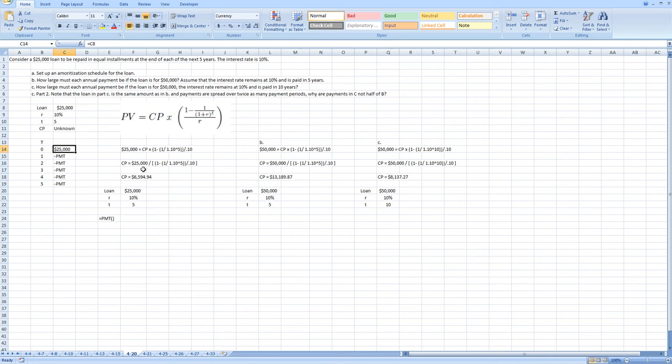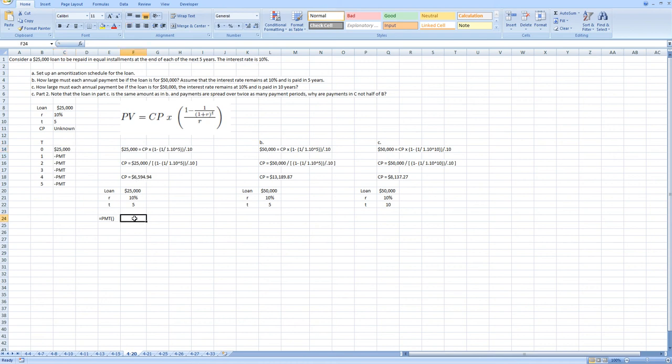We solve to isolate CP. All we essentially do is leave CP on the right-hand side and move the annuity factor to the left-hand side. Since we're multiplying here, we divide both sides by this term, and we find that CP is equal to 25,000 divided by 1 minus 1 divided by 1.1 to the power 5, all of that divided by 0.1. So we see that the payment each year is going to be $6,594.94.